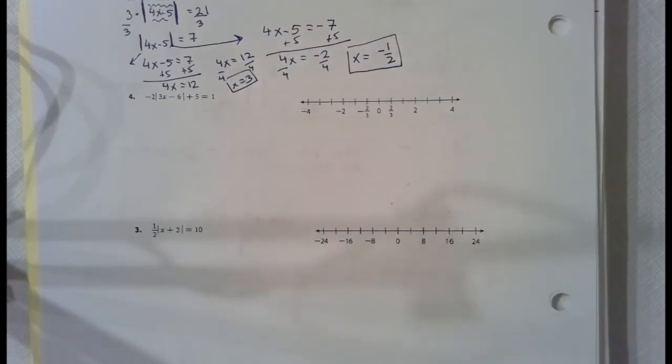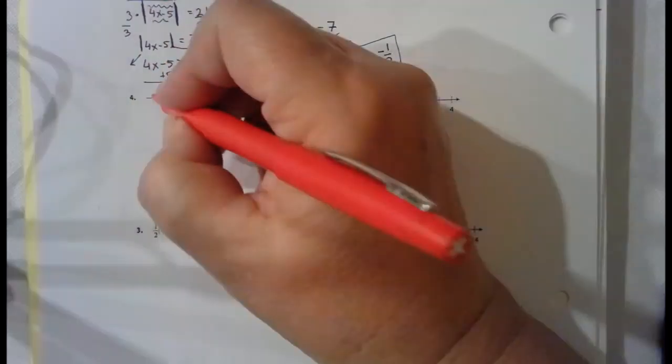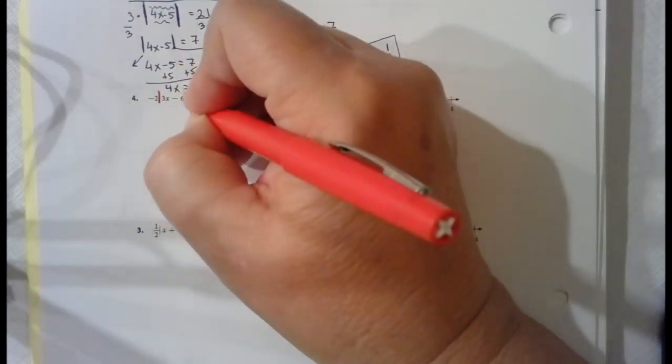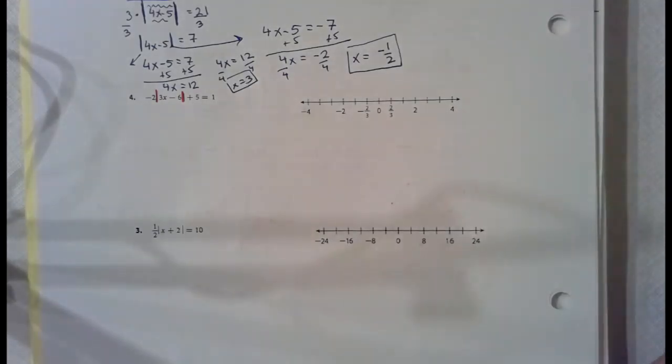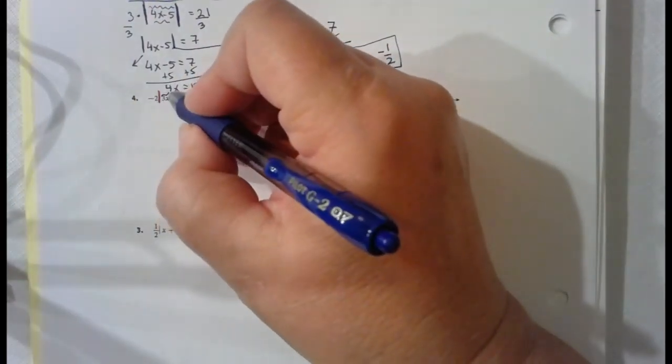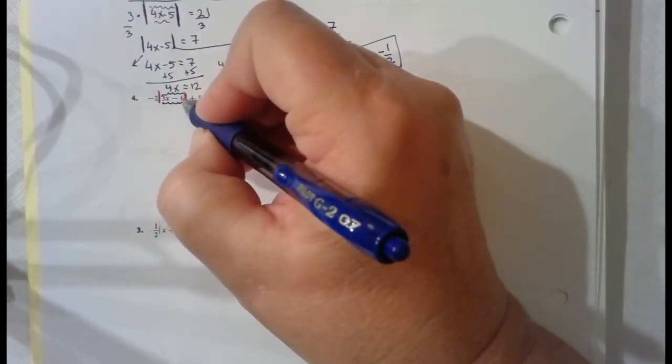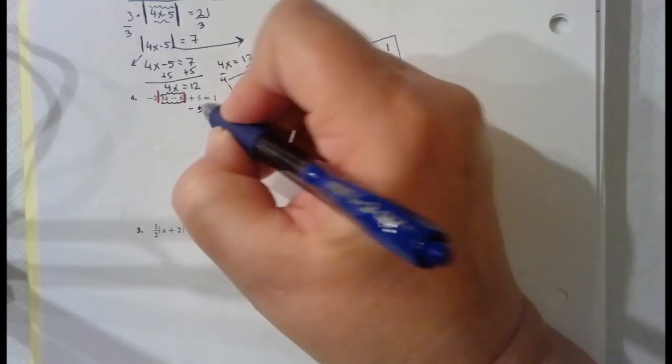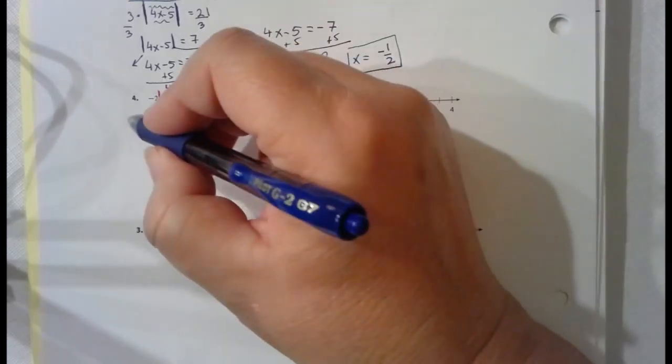Okay, next example. Absolute value is not by itself, so I'm going to highlight this. I know that everything inside is protected, so that's going to stay exactly where it is. So I'm going to subtract 5 from both sides.